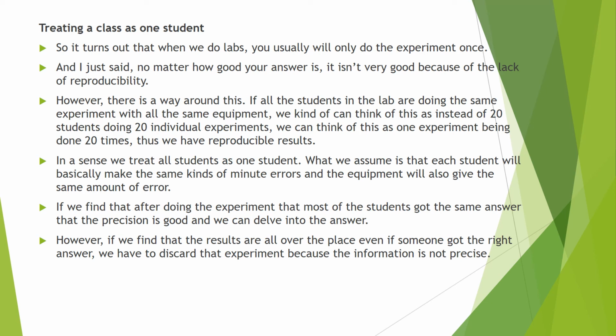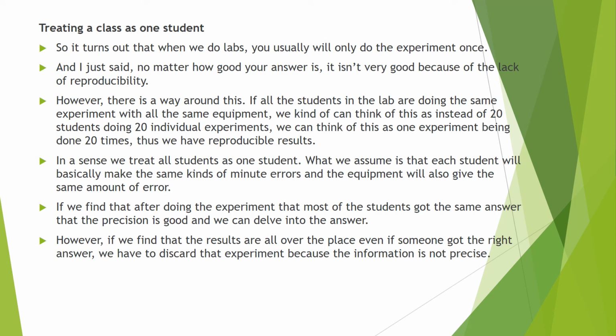That's because all of you will be making basically the same kinds of minute errors in measurements, and the equipment is also going to have the same errors. And so you kind of believe that you're all just one student and all the equipment is the same. So we can assume that 20 experiments done individually is the same as one person doing it 20 times.